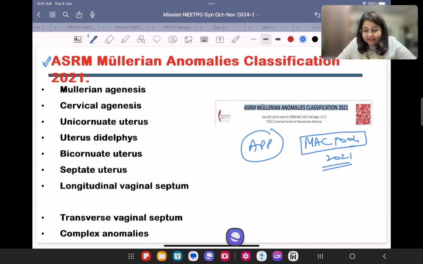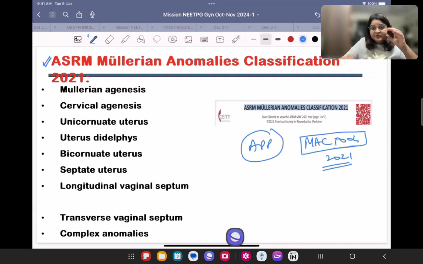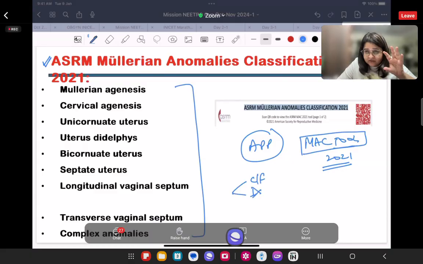It is a complete division of different treatment options, because remember, these Mullerian anomalies, many of them coexist.